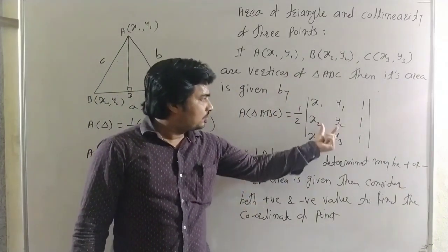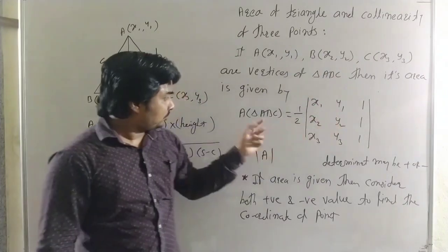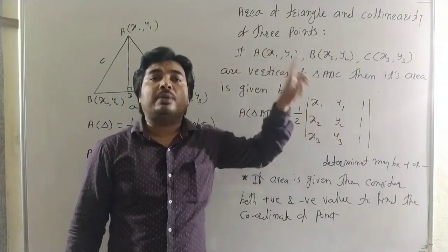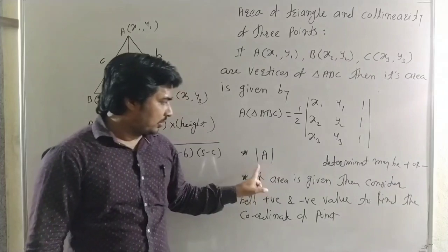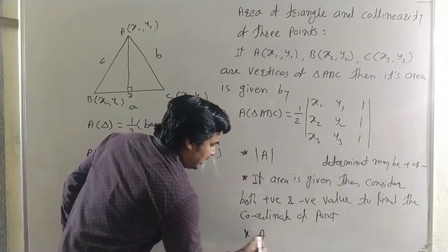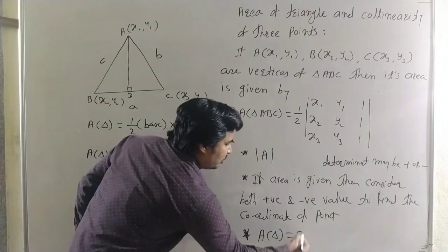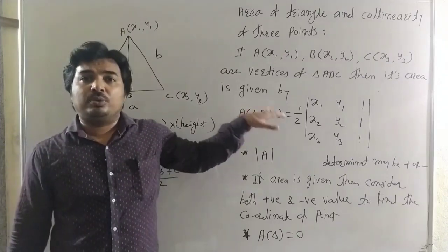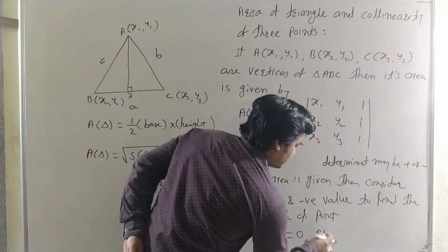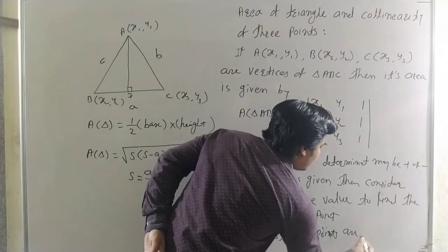And when the calculation of the determinant is negative but we want to find the area, we take the absolute value, that is the positive value, mod of A. And one last thing, if the area of the triangle is 0, then the points are collinear.